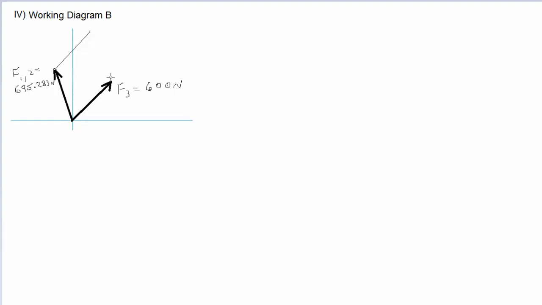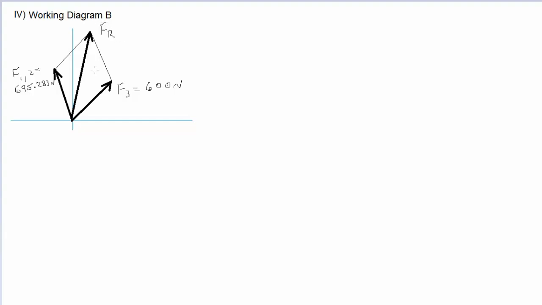And we're going to take F1,2 and slide it up to the end of F3 and draw a parallel line there. And where those 2 lines intersect is our new force. And this time I'm actually going to call that force FR, because that force is the resultant force of this particular system.